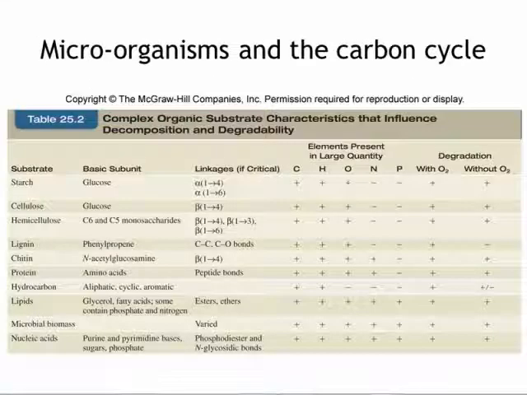Okay, so microorganisms and carbon use. There can be plenty of different carbon sources produced by organisms that fix carbon. So plants can produce starch, cellulose, lignin, and other stuff.